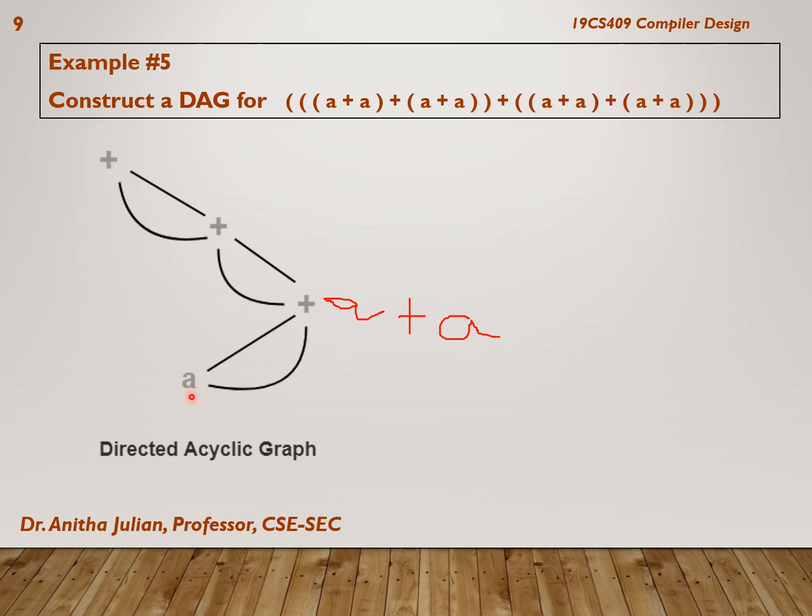Here the same thing. We are covering the entire expression, and the variable A has been represented only once. This is the advantage of drawing the DAG. We are able to completely eliminate any common sub-expression present in the given expression.